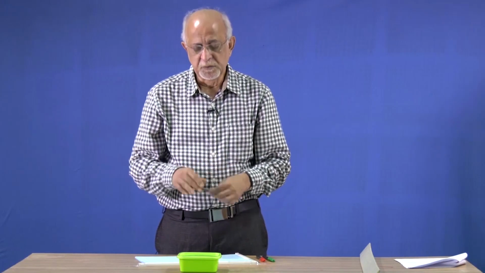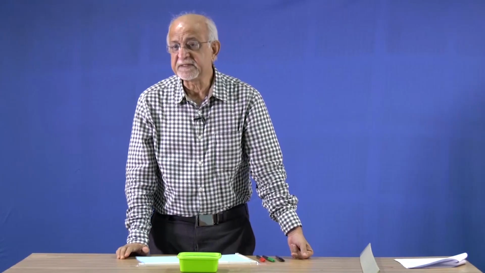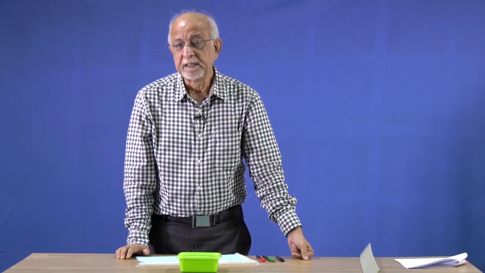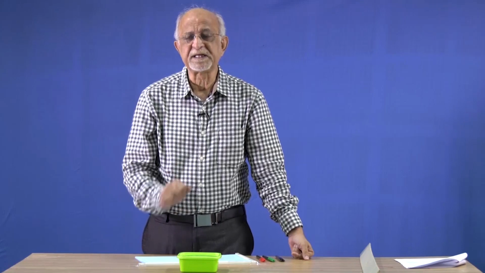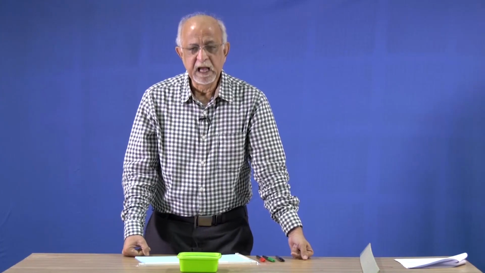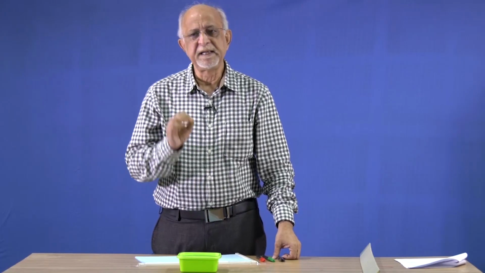As a result, we observe this box to be stationary over here. Interestingly, this normal reaction is a self-adjusting force. By self-adjusting, we mean that it provides the necessary amount of force depending on the weight of the body.